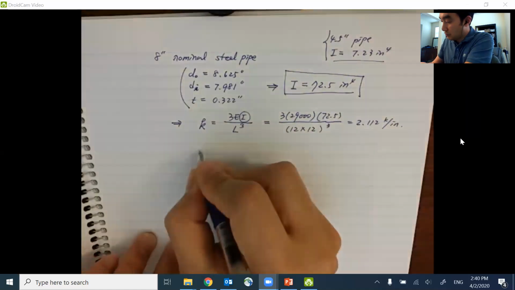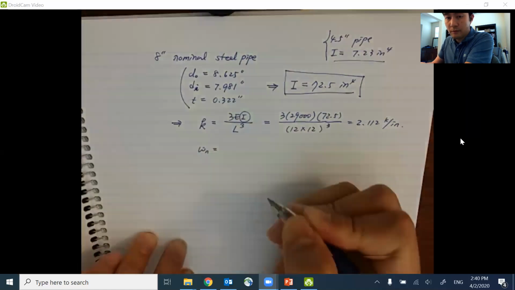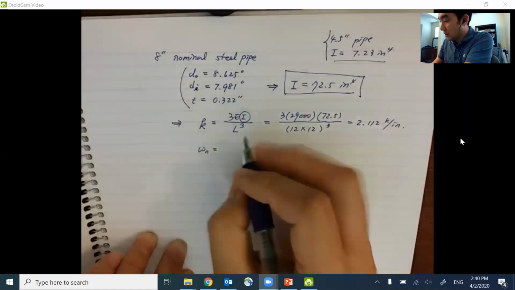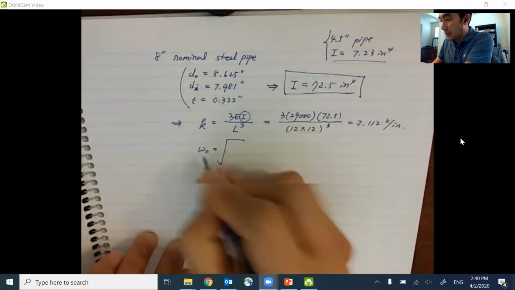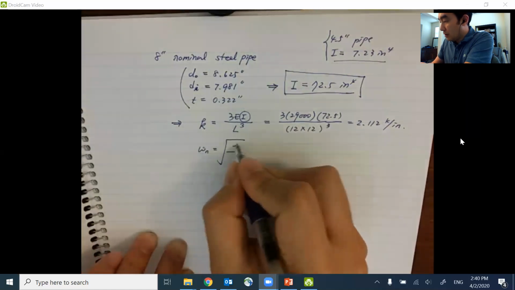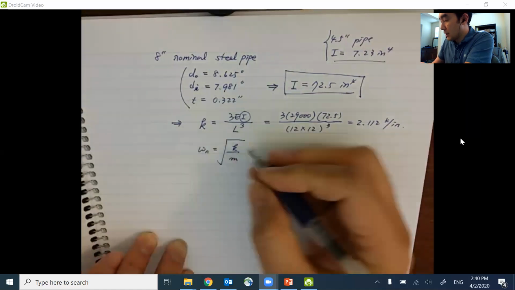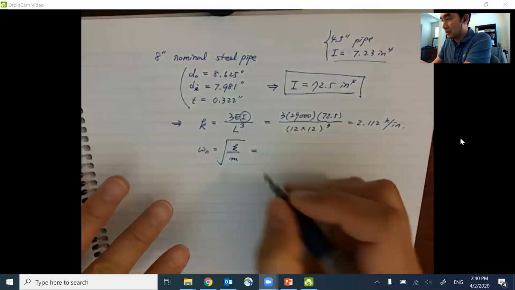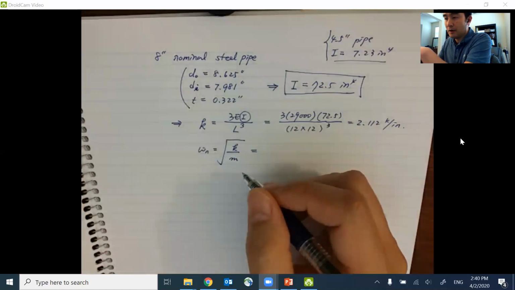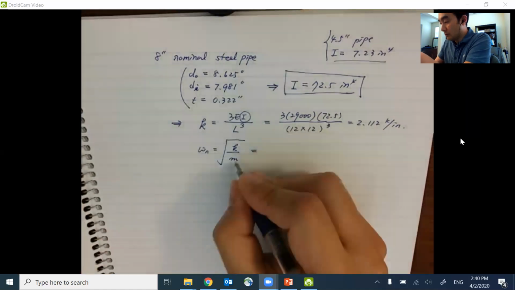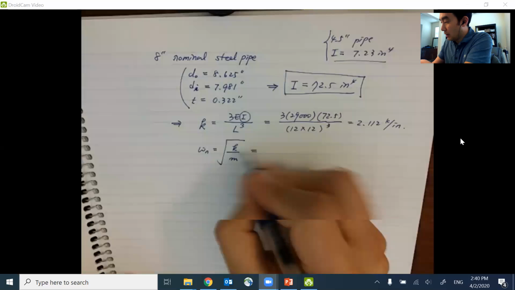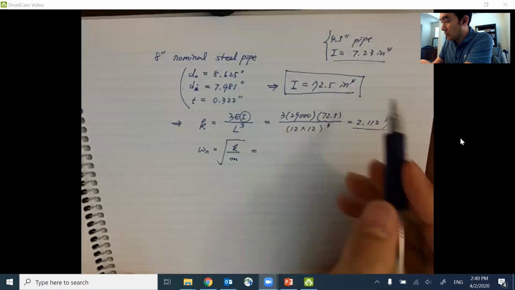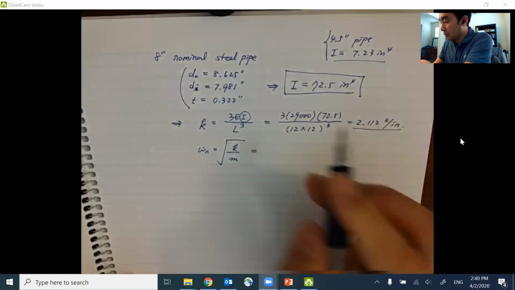And that affects our natural frequency, because omega n is equal to the square root of k over m. Again, we're going to ignore the weight of the steel pipe, so it doesn't affect the mass term, but now the stiffness is changed from 0.2 to 2.112.